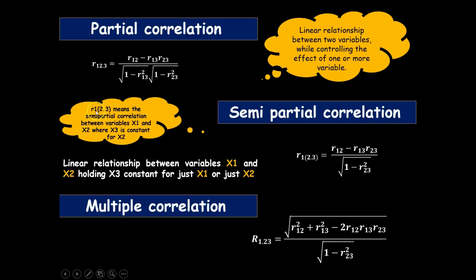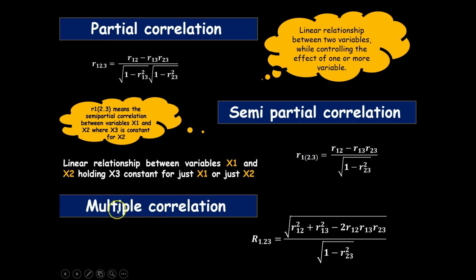If we write it like this, R1 and within brackets 2.3, it means the semi-partial correlation between variables x1 and x2 where x3 is held constant for x2 only, and the formula is here. It measures the semi-partial correlation between x1 and x2 where x3 is held constant for only the second one.